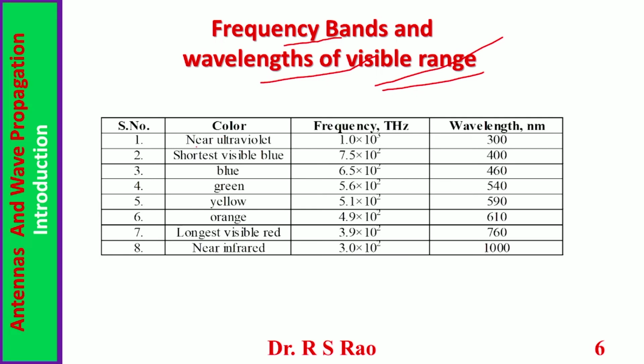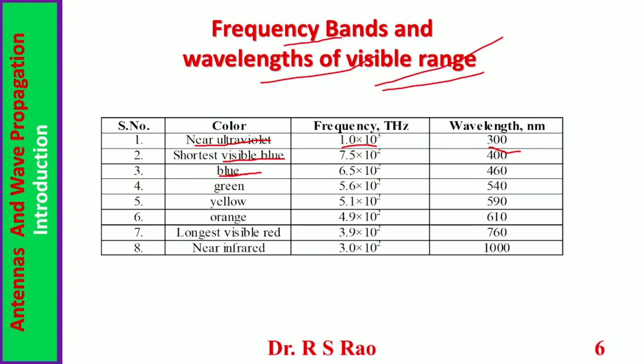Now, near ultraviolet, its frequency is 1 into 10 power 3 terahertz. Wavelength is 300 nanometers. Shortest visible blue, its frequency is 7.5 into 10 power 2 terahertz. Wavelength is 400 nanometers.